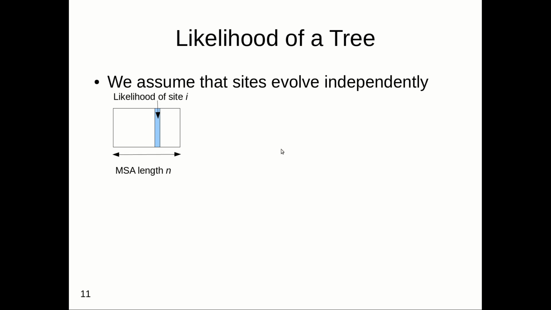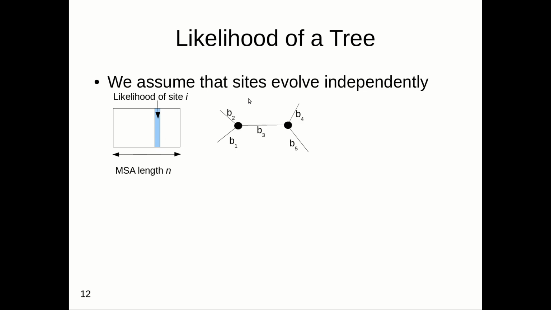Okay, first assumption: as for parsimony, for likelihood as well, we assume that the sites evolve independently. So we're given our multiple sequence alignment with the sequence names, the taxon names written over here, and this is our sequence alignment of length n, and we're just interested in computing the likelihood of observing a single site given the alignment and the tree.